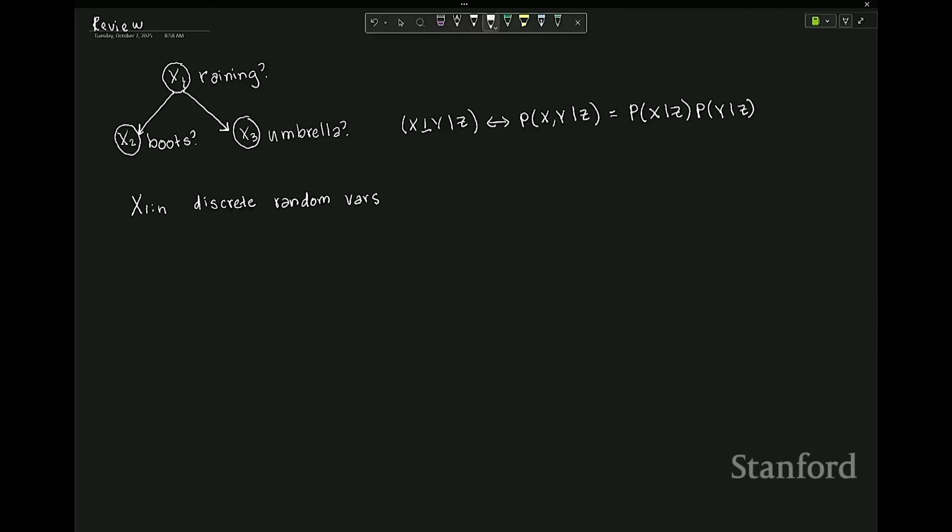We have 3 random variables. r sub i is the number of possible instantiations of node x sub i. And an instantiation is just a value that node can take. Since these are binary variables, each of them would have 2 possible instantiations.